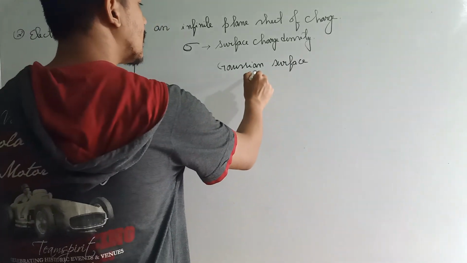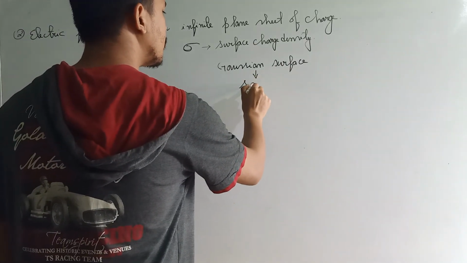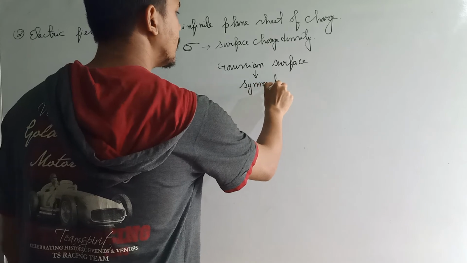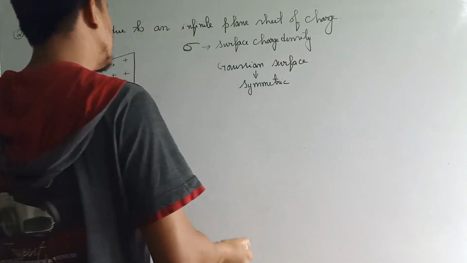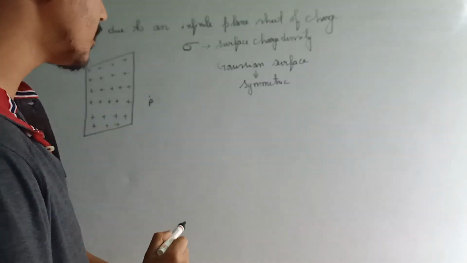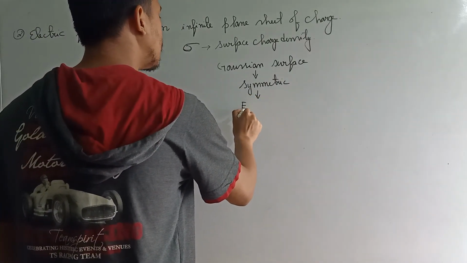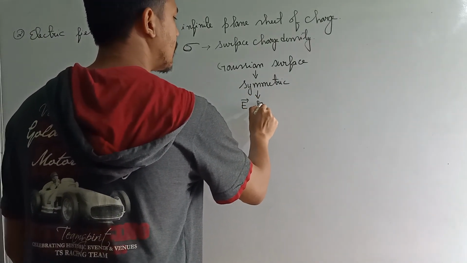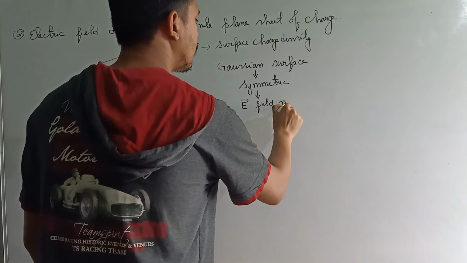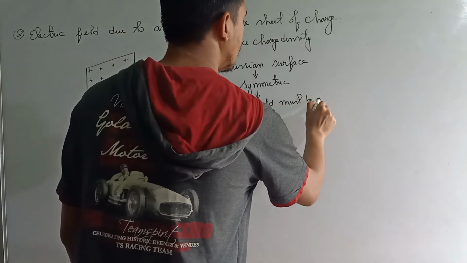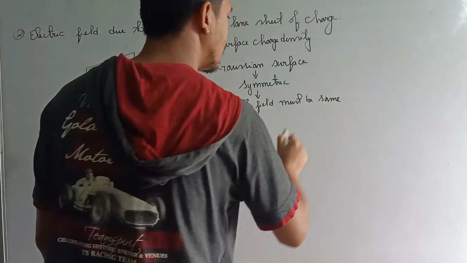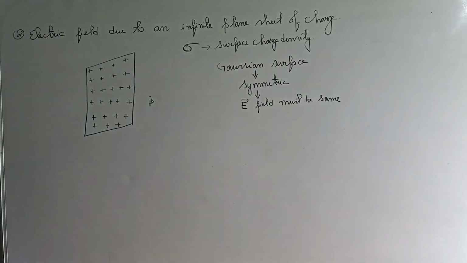And this Gaussian surface should be symmetric about the charge. And the electric field at every point on that surface must be the same.